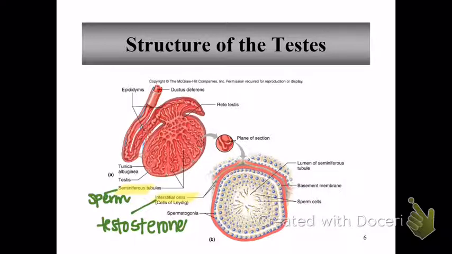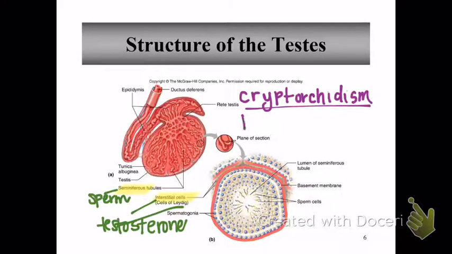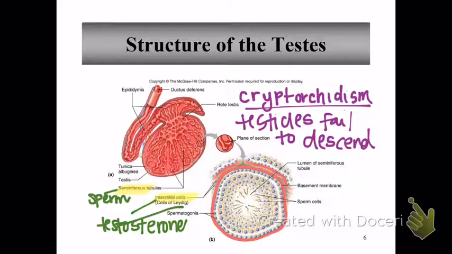Now, sometimes the testes fail to drop. Cryptorchidism is what that's called. So write that in somewhere. It doesn't have to be on this slide, but cryptorchidism. Okay, so write that word in, cryptorchidism. It is the failure of the testes to drop. So make sure you got that word written in somewhere.